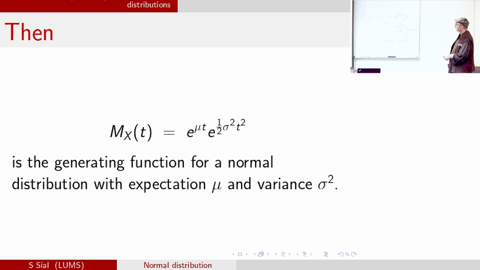Okay? So, if x is a normal random variable with expectation mu and variance sigma squared, then this new random variable y, which is equal to ax plus b, is also a normal random variable with expectation a mu plus b instead of mu, and with variance a squared sigma squared instead of sigma squared.